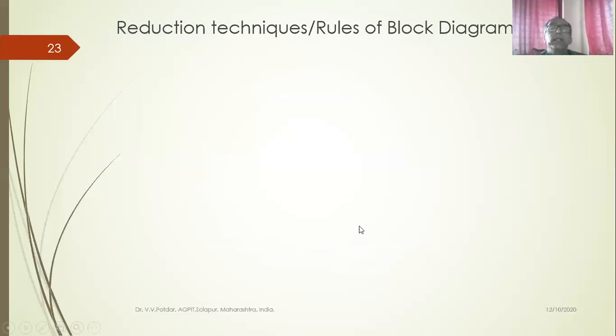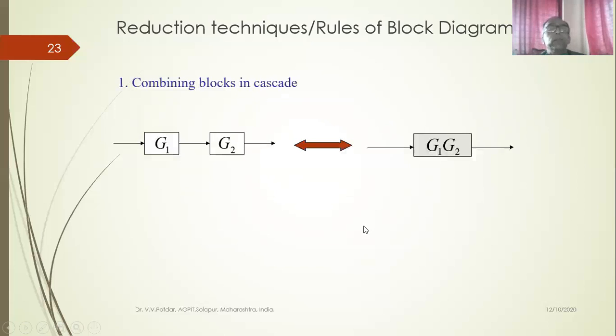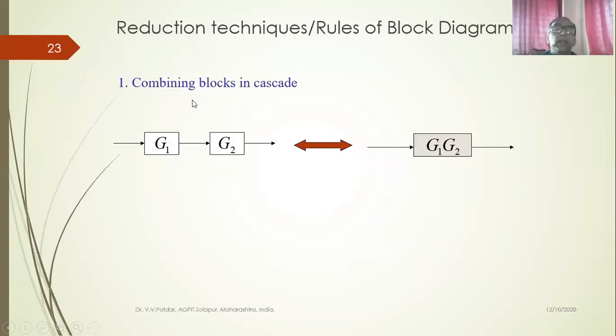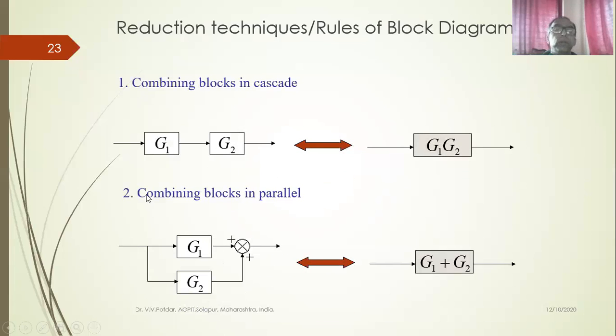Now, reduction techniques, rules of block diagram algebra. The first rule we already discussed, we'll quickly go through. Combining blocks in series, or in cascade. G1 and G2 are two blocks. When these are combined, we just multiply and replace them by one block, G1 into G2. Second rule, combining blocks in parallel. G1 and G2 are parallel blocks.